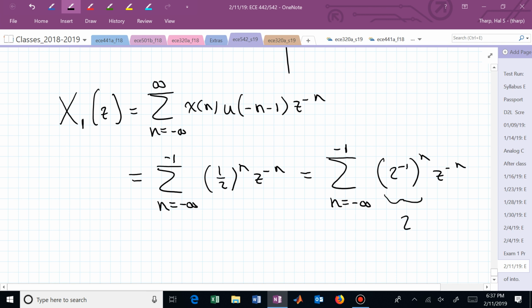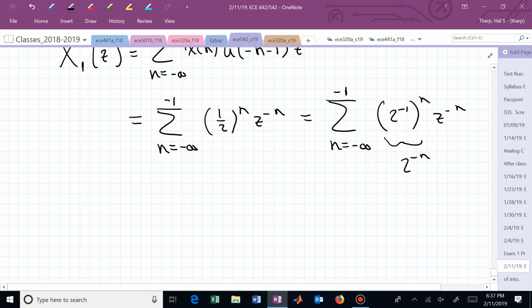Or this is now 2 to the minus n, so that we could say that this is now this sum from minus infinity to minus 1 of 2z to the minus n.